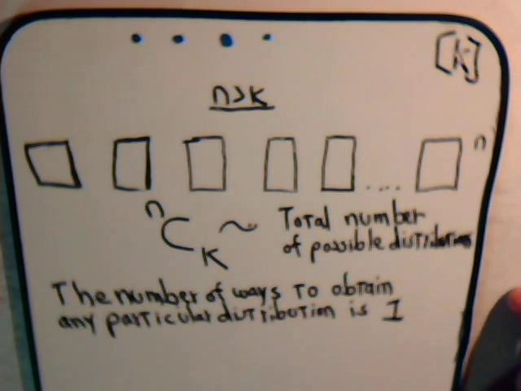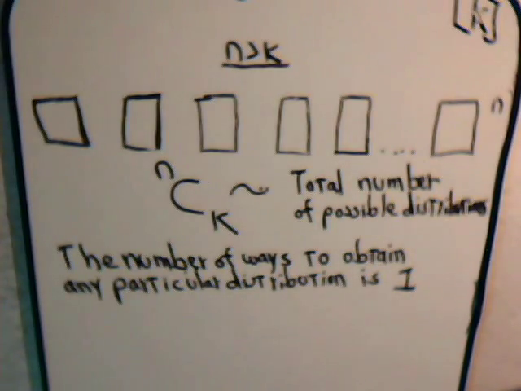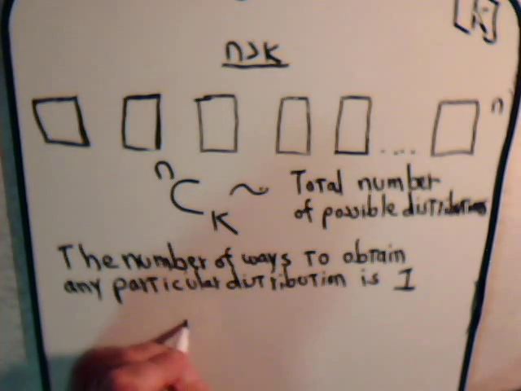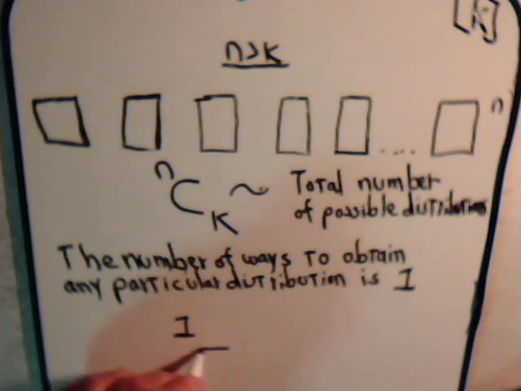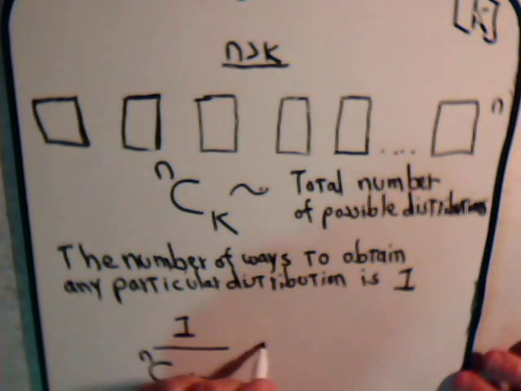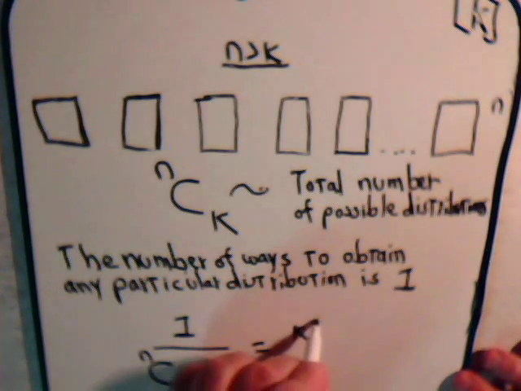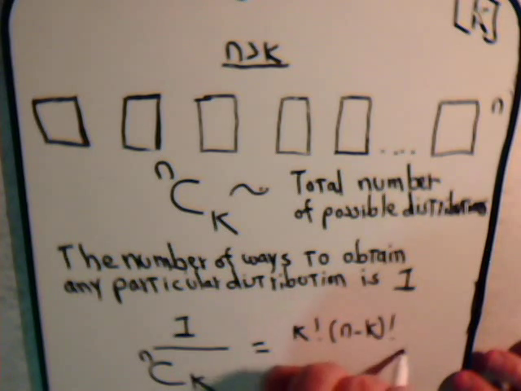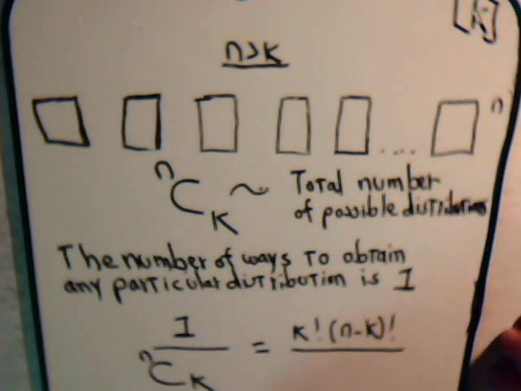So, what is the probability to obtain any particular distribution? The number of ways you can do it divided by the total number of distributions possible, which is just going to be 1 divided by this. And so that is the answer to our problem. And of course, this would just be equal to k factorial times (n minus k) factorial divided by n factorial.